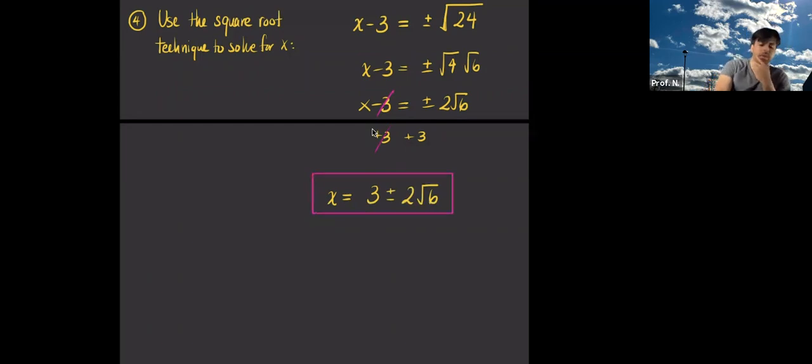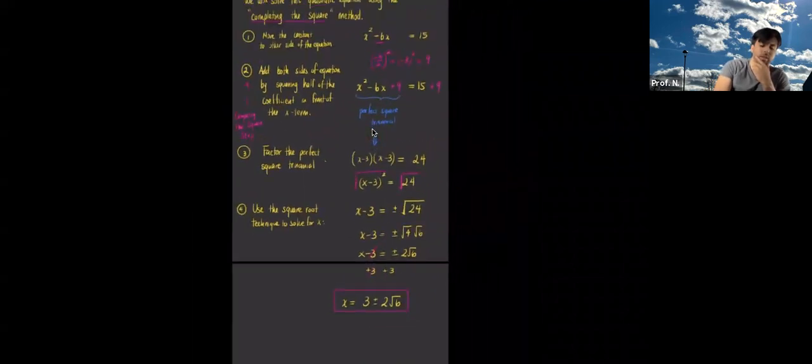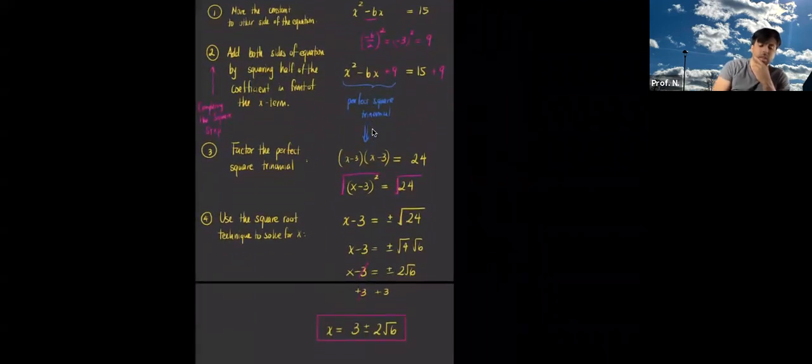We solved our original quadratic equation using the completing the square method, which is really to create a perfect square trinomial so that we can factor it as such, and therefore conclude this whole procedure by using square roots.